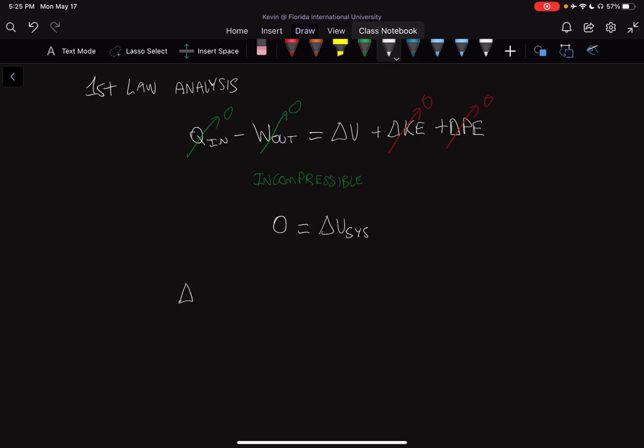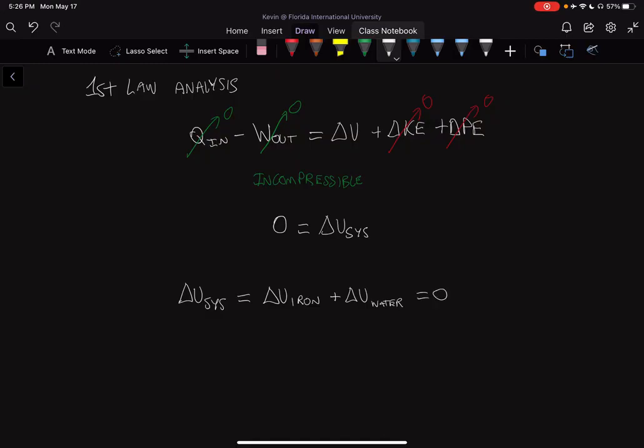So we can separate the delta U of the system into the two parts inside our system. We can separate them by delta U iron plus delta U water. We have two different systems, so we're going to separate them in two. And we can now write this equation.